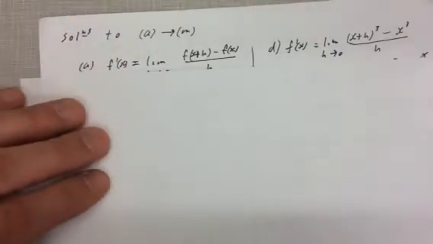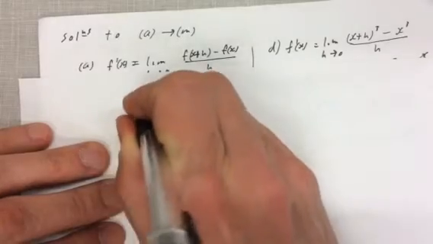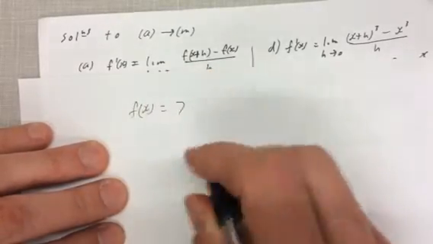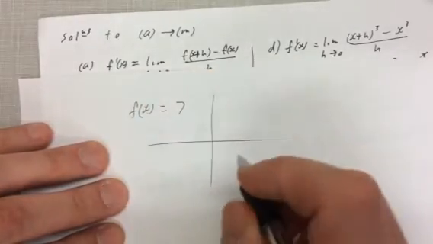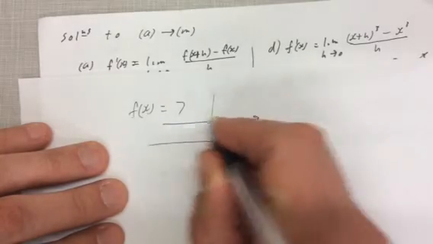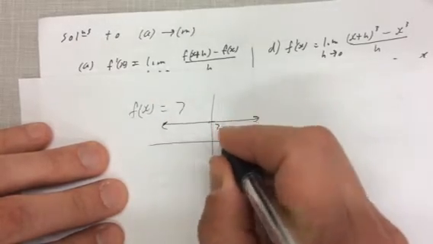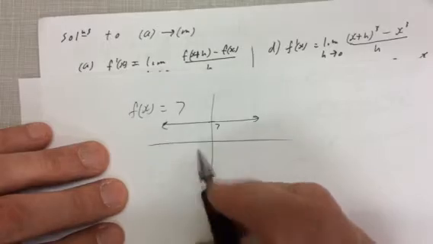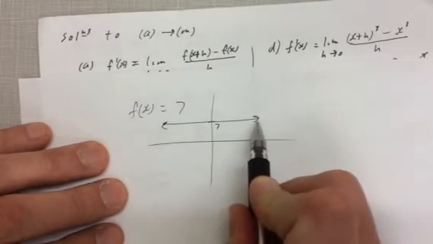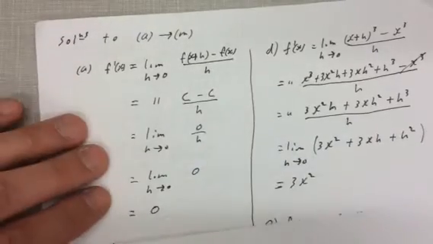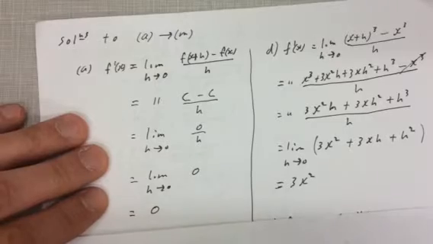And that should make sense, because a constant function, f of x equal to, say, 7, is a horizontal line that goes through 7 on the y-axis. The slope of that line is 0. So the instantaneous rate of change should be 0.